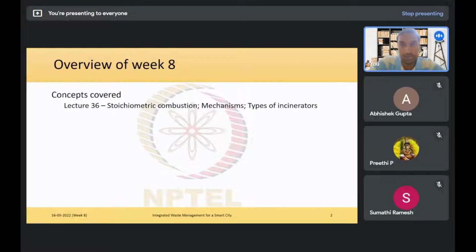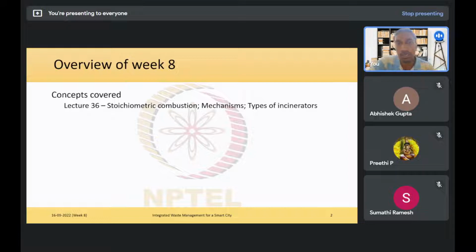We looked at stoichiometric combustion. Knowing the amount of the different elements present in our organic solid waste, like the percentage of carbon, nitrogen, sulfur, hydrogen, and so on, how can we know the exact air requirement or oxygen requirement to do the combustion process? So we started with that.